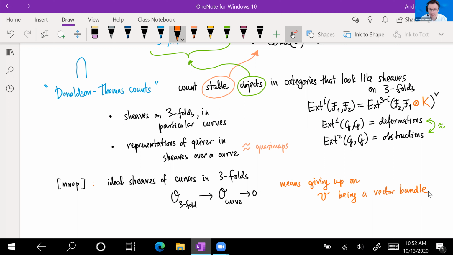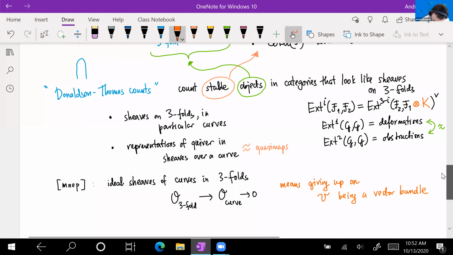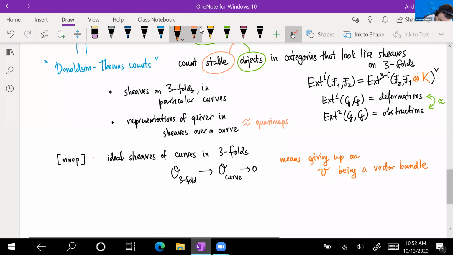So you can allow V to be a sheaf, and then you can say that sheaf I would like to be generated by my quiver map, but it will no longer be line bundles. I'll have a singularity as an object on my curve C. This will have singularity. And then there are, in general, many other options.